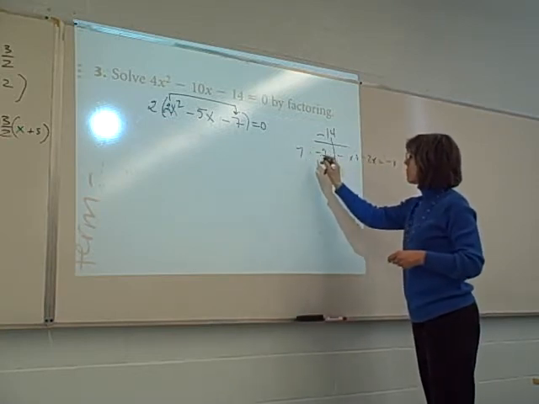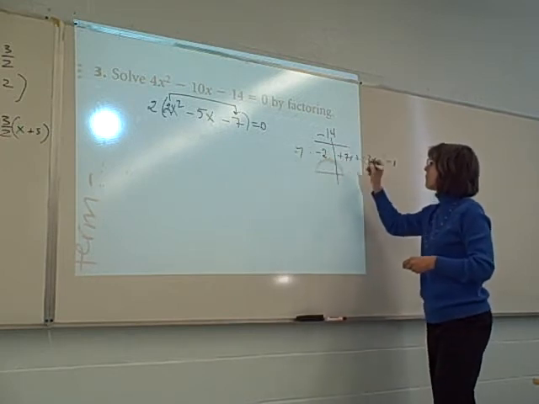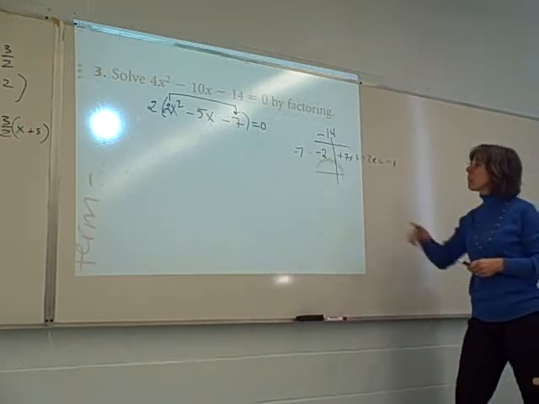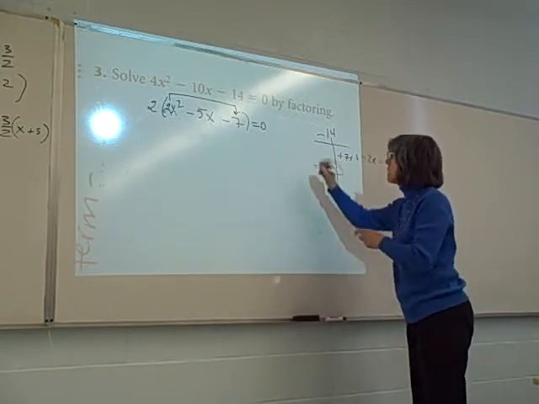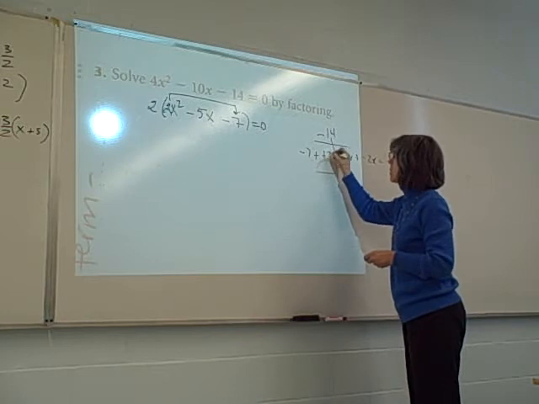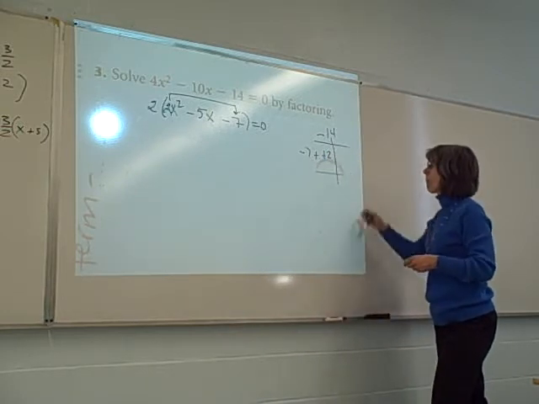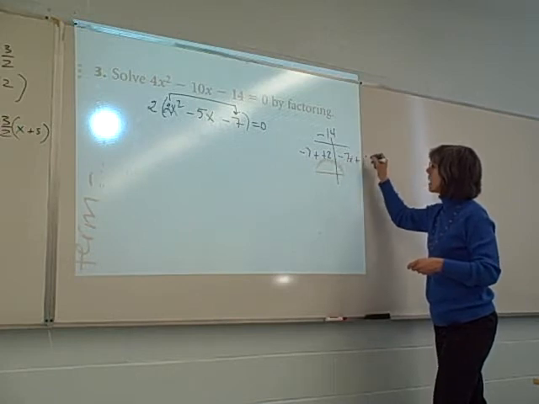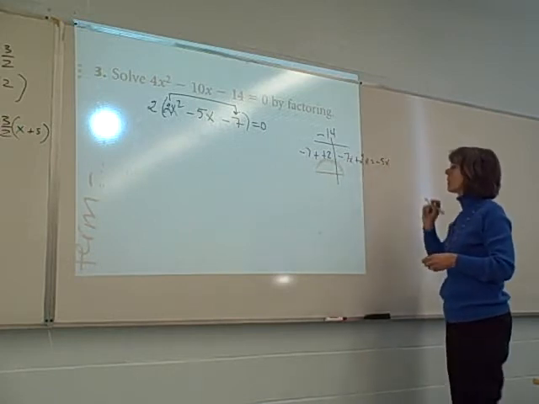One of them has to be positive and one of them has to be negative, right? So negative 7 and a positive 2 will give me what? A negative 7x and a positive 2x will give me a negative 5x.